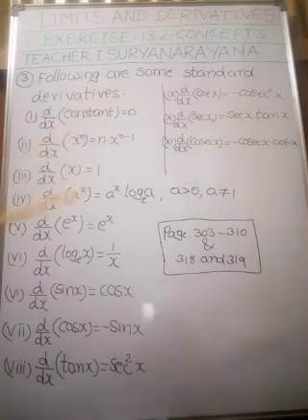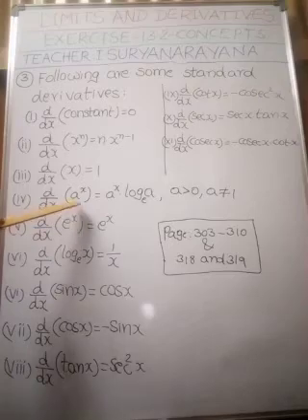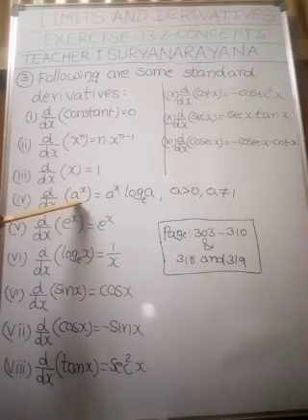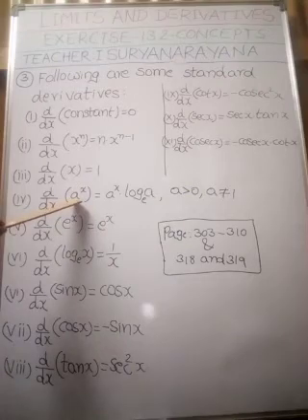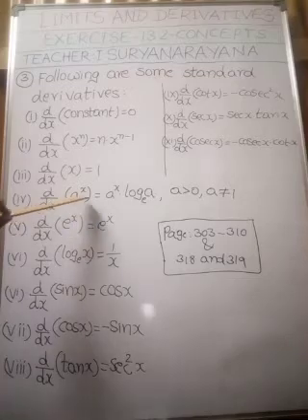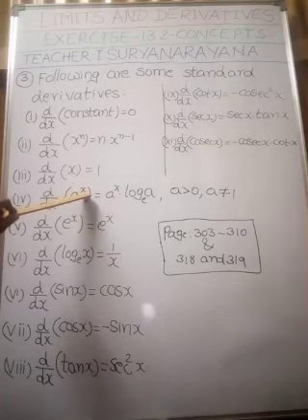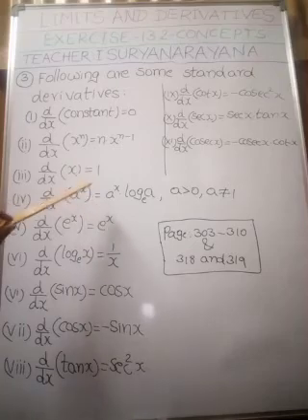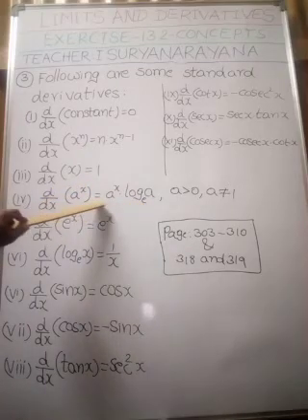Okay, my children. Now this formula, this is also an exponential function, but here the base is always some constant. a denotes some constant, and the exponent is a function in x. Here the exponent is a function in x. In that case, we use this formula.